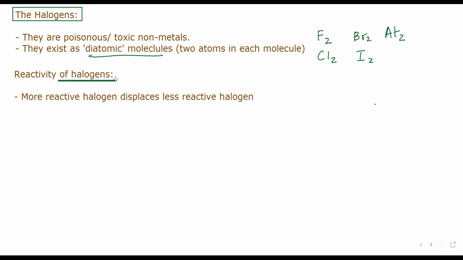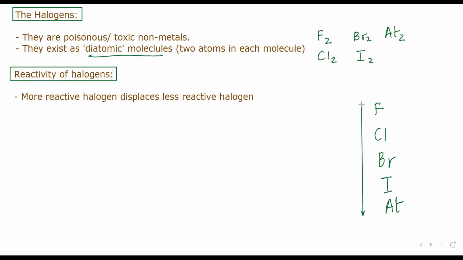When we are writing the equations, we are going to remember this. What does it mean? I already have their reactivity, so we remember: we have fluorine, chlorine, bromine, iodine, astatine. As we go down the group, reactivity decreases.